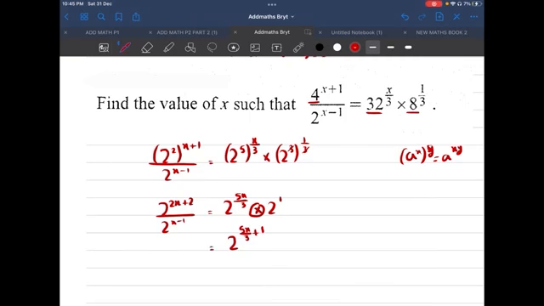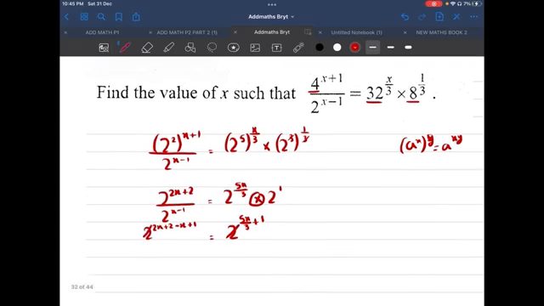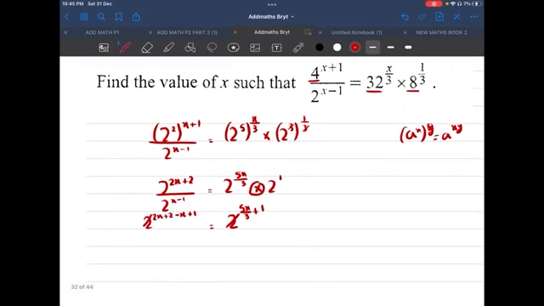Is equal to, based on rule number 10, if I shift this x in the numerator, it will become minus x. And if I shift this minus 1 in the numerator, it will become plus 1, right? Now, on both sides of equal to, bases are same. Let's cancel out. 2x minus x makes what? x plus 3 is equal to 5x upon 3 plus 1.